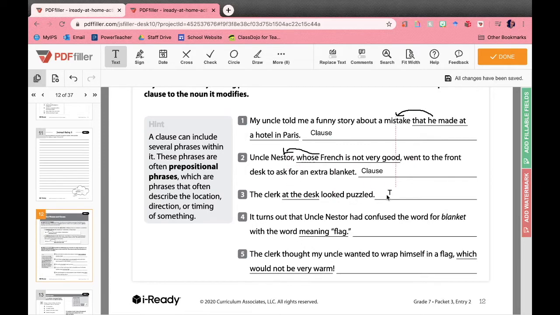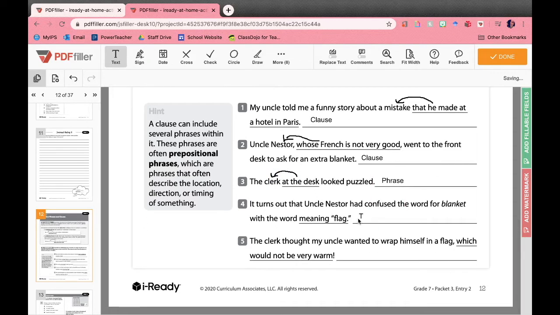Next, the clerk at the desk looked puzzled. At the desk is a preposition, as in she's sitting at the desk. But we do not have a subject because who's sitting at the desk? We do not know. So it's going to be a phrase. Now, what is at the desk modifying? The clerk, because which clerk? The one sitting at the desk.